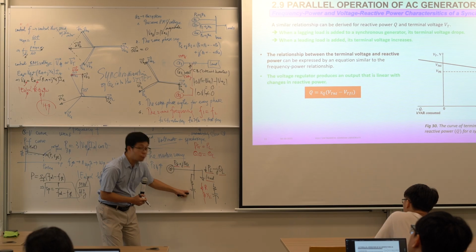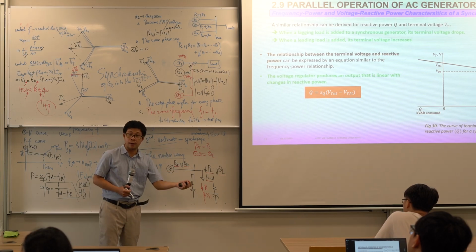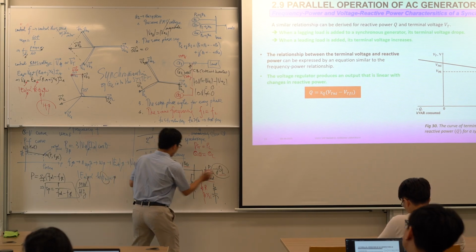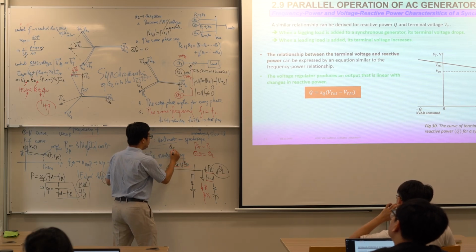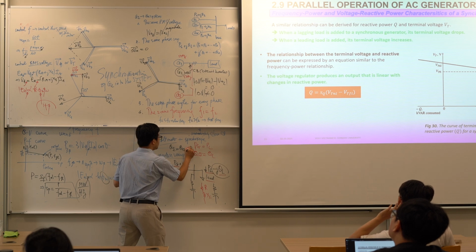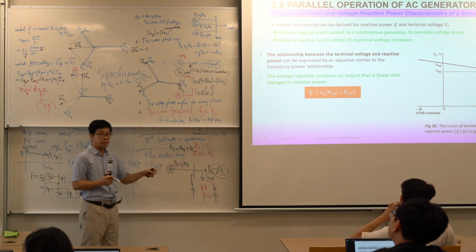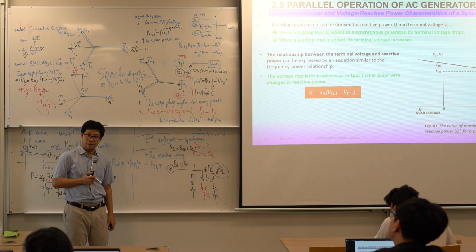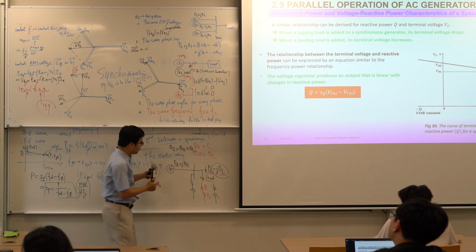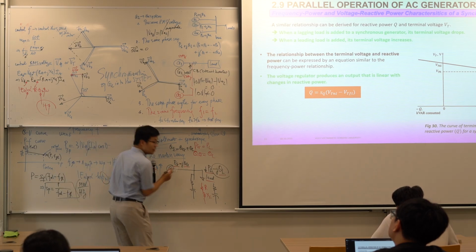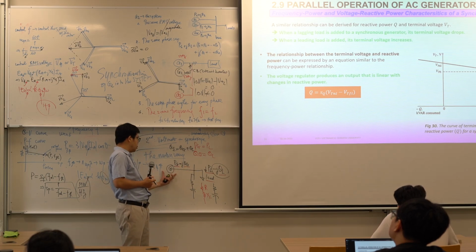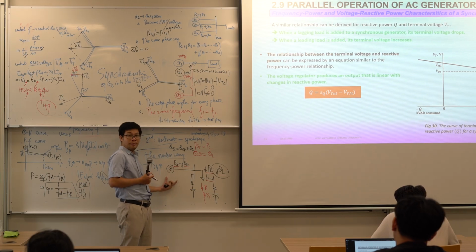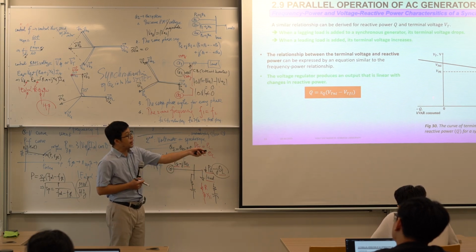Because the capacitor will generate reactive power. If here is minus, and then if we continue to generate QG, so the total Q is QG plus QL. Boom! System is blackout. So if here we have a capacitor, here should be minus. If here it generates reactive power, the generators will consume reactive power. You get minus.